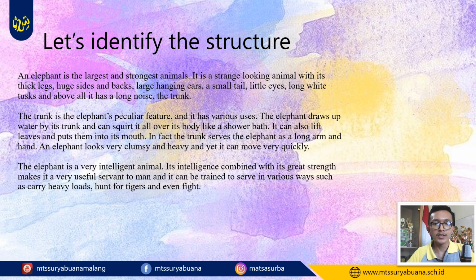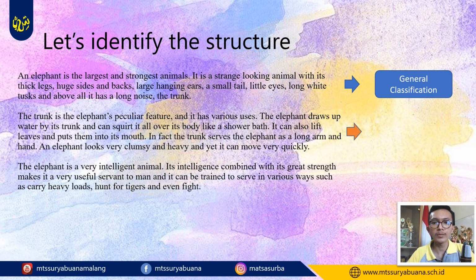So, students, let's identify the structure of this report text. Okay, the first paragraph here, it's called as general classification. Why I say this first part of this text as general classification, you can see here the first paragraph, it's only talk about elephant in general.